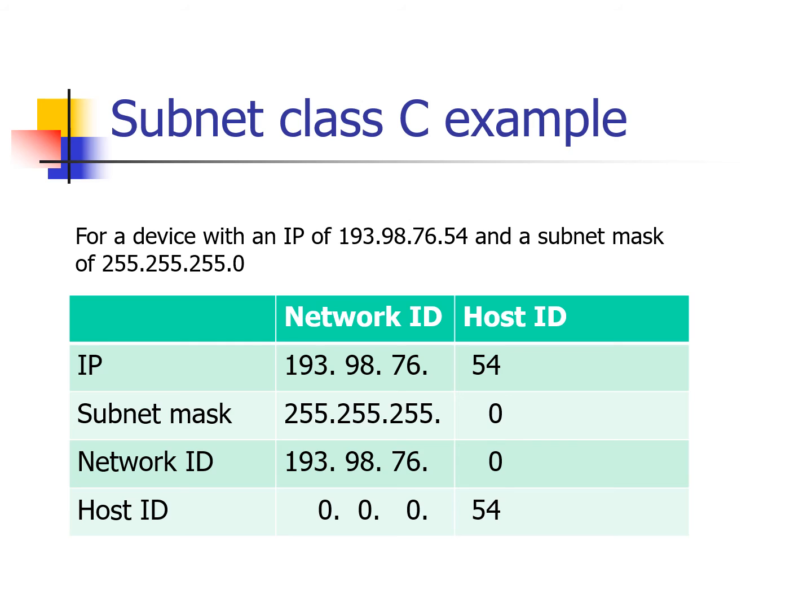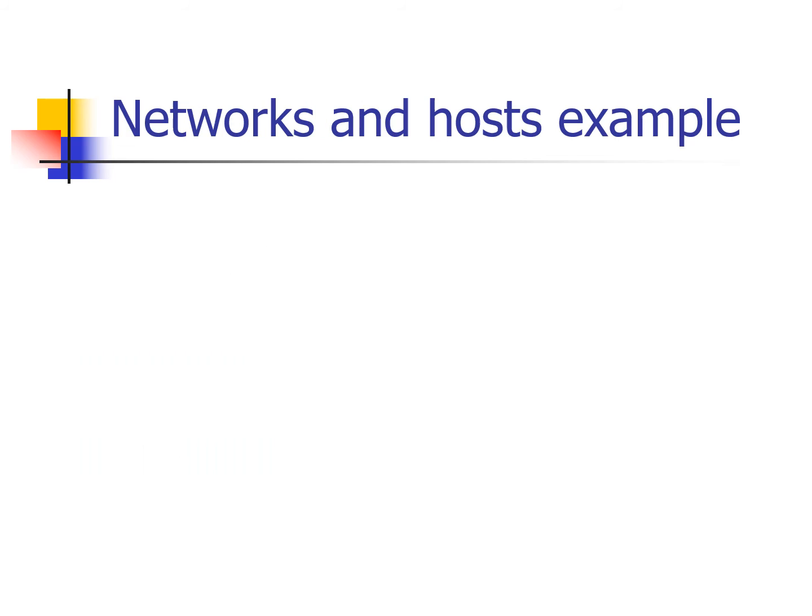So in this case, our network ID is 193.98.76.0, and our host ID is 0.0.0.0, and then what's left, we bring that down, 54, from the IP address. Okay.